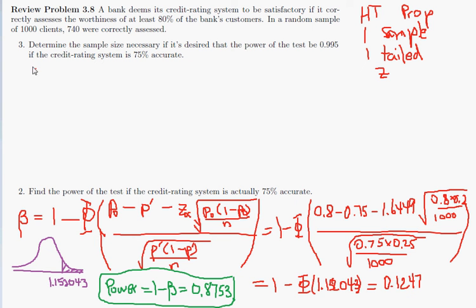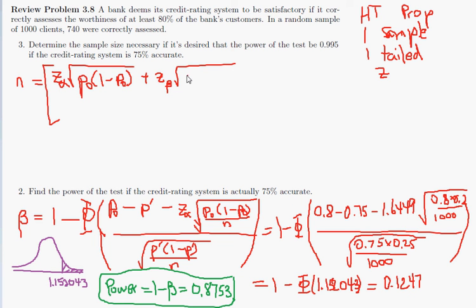That formula works out to be, for proportions, n is equal to z alpha times the square root of p naught times 1 minus p naught, going with the null hypothesis, plus z beta times the square root of p prime times 1 minus p prime, all over the difference between p prime and p naught, whole thing squared.